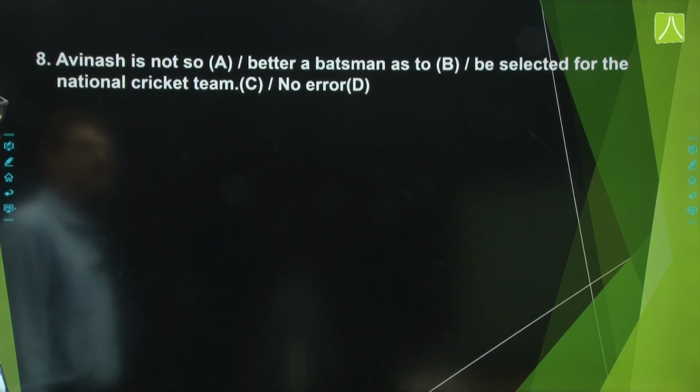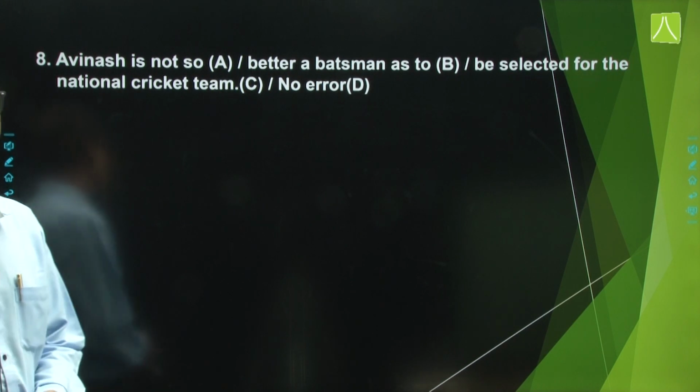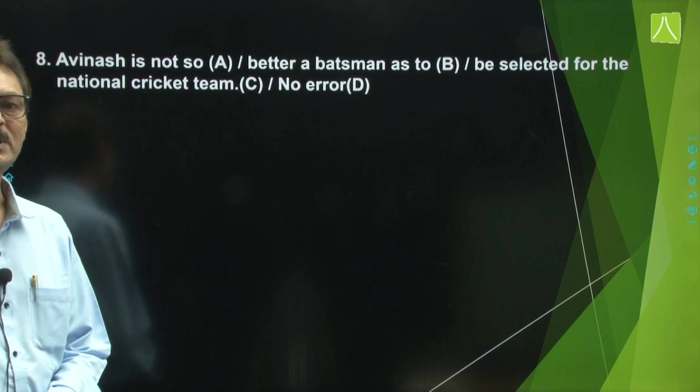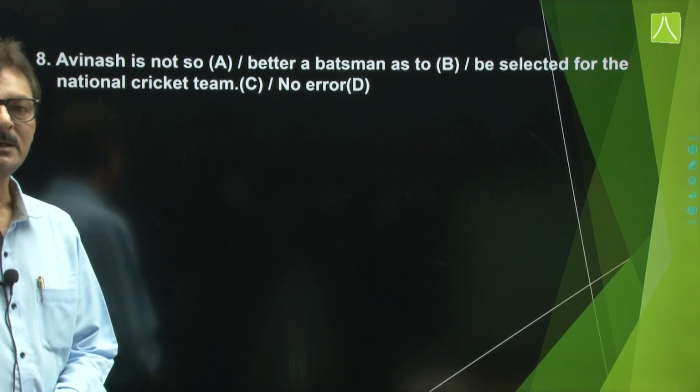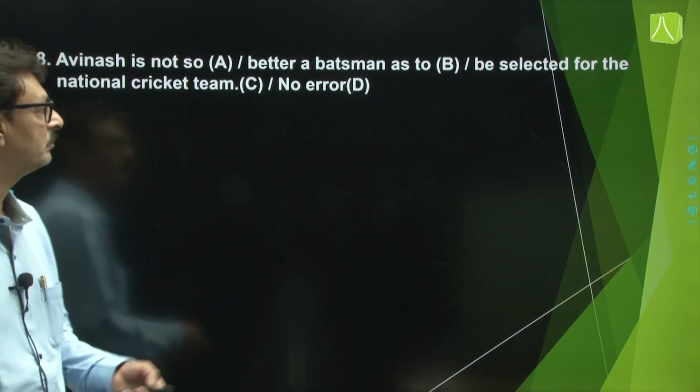Avinash is not so better a batsman as to be selected for the national cricket team. If you feel there is no error, then D is your correct answer. Read it carefully. ध्यान से पढ़ना. Read it twice. Maybe at one reading, at one go, we may not be able to find out the error if any.